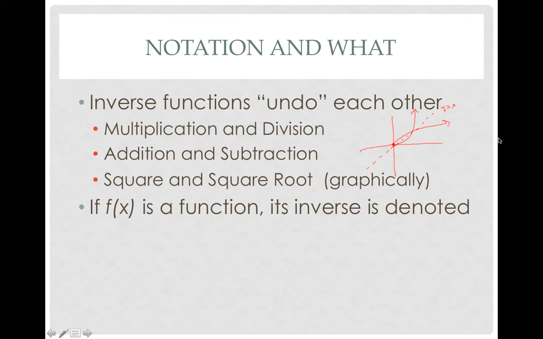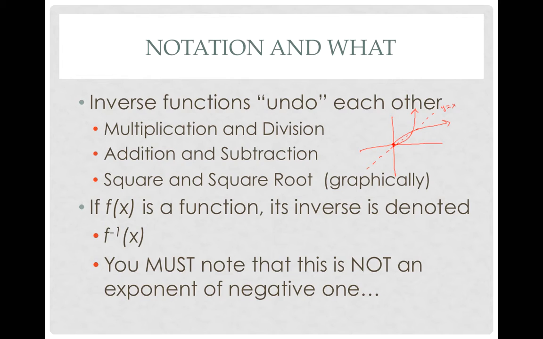If you're given a function f of x, we denote that the inverse looks like this, f negative 1 of x. This is actually read f inverse of x. Whenever you see this negative 1, kind of like an exponent, this is f inverse of x, or the inverse of the original function.